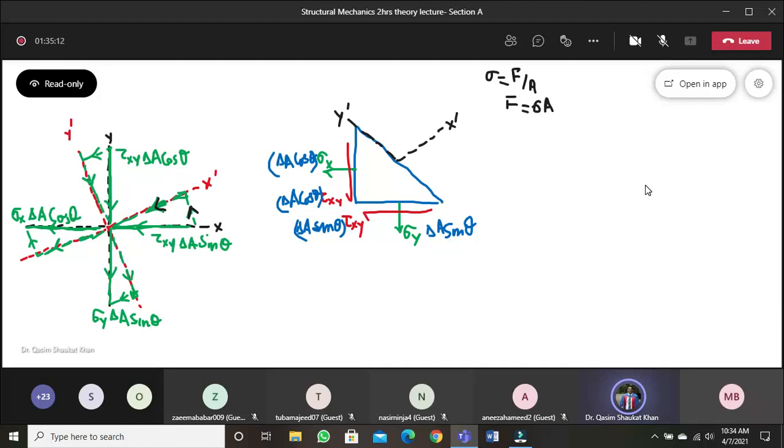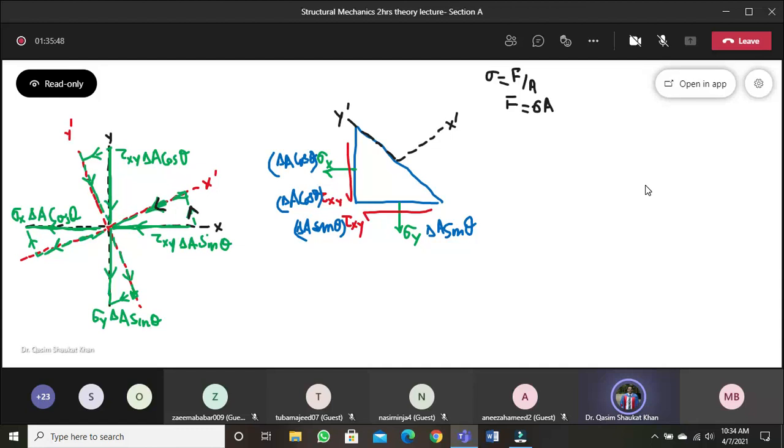So in this way we have resolved all the four forces into their components. First, we converted our stresses into forces, and those forces were acting along the x-axis and y-axis. Then we resolved those forces into their components along the x dash axis and y dash axis.